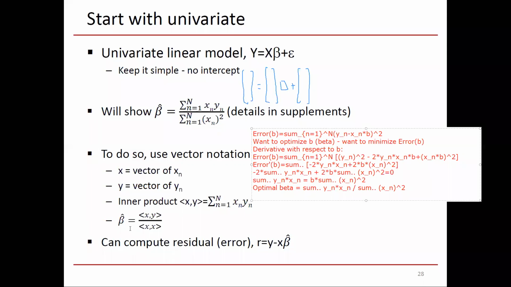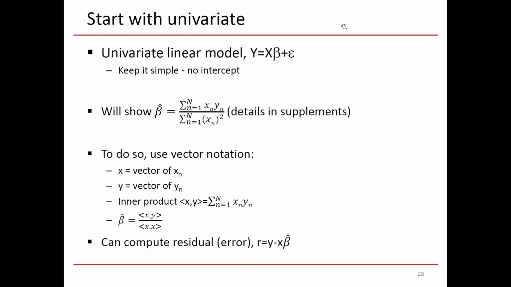And now beta hat is an inner product between the x and y vectors divided by an inner product between x and itself. Additionally, we can easily calculate the residual, the error, between y minus x times beta hat. All right, so again, you can look into this in just a bit more detail in the supplements. So that's the univariate situation.